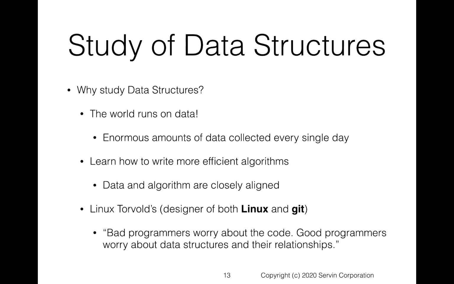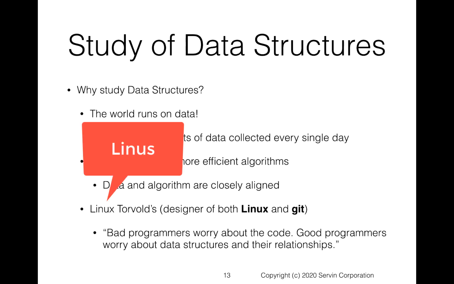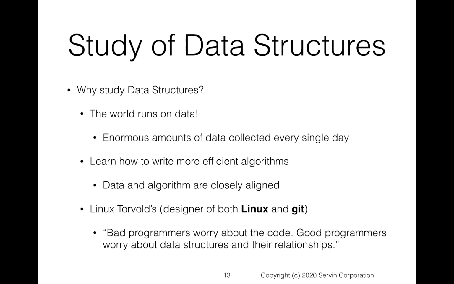And a very important point, the data and the algorithm are closely aligned. Super important point. Data and algorithm are closely aligned. In fact, Linux, I said Linux, it's actually Linus Torvalds. That should be Linus, but I misspelled it, because he's the fellow who designed and wrote the initial part of Linux. Also, he did Git, the source control system.